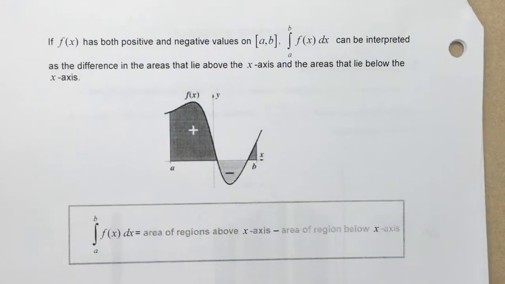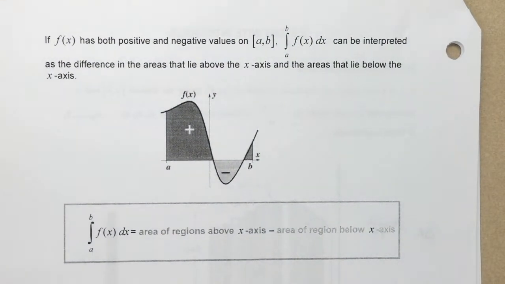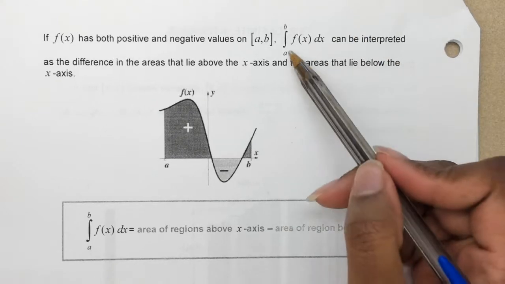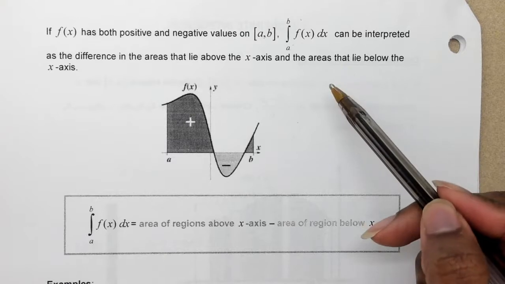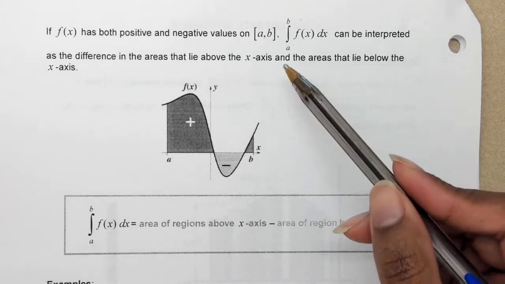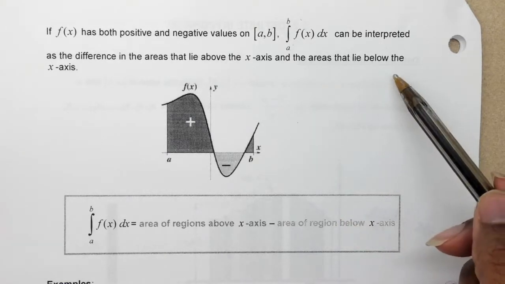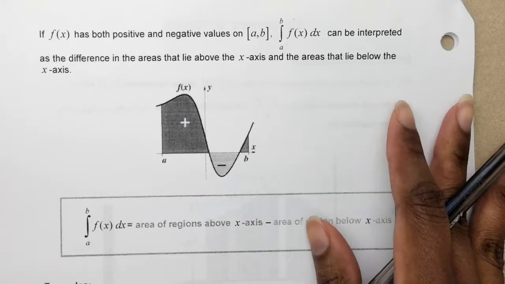so let's look at some more information when it comes to Riemann sums and intervals. So if f of x has both positive and negative values on the interval a to b, then the integral of f of x from a to b can be interpreted as the difference in the areas that lie above the x-axis and the areas that lie below the x-axis.